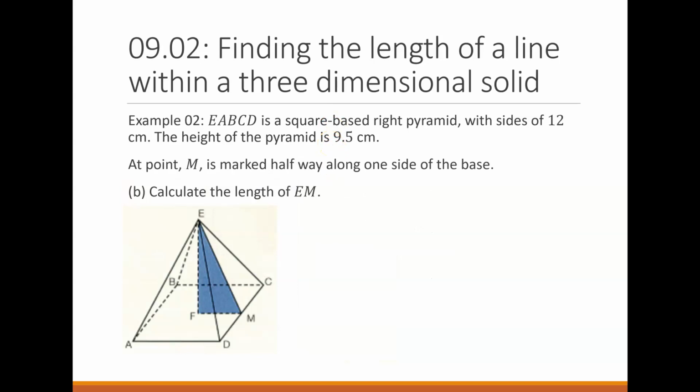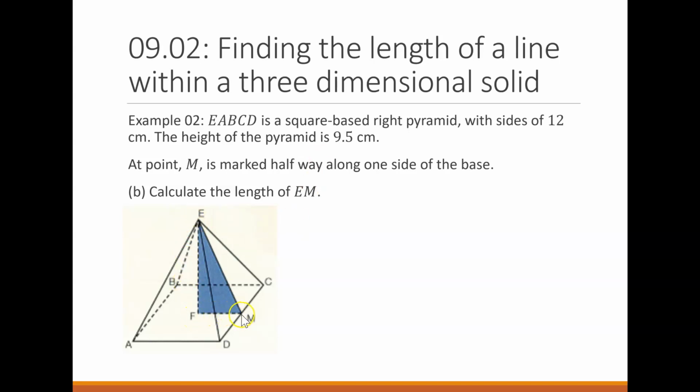Part B asks to calculate the length for EM. So the reference triangle I'm going to use here is EFM. Do I have enough information to solve for EM now directly? I know EF is 9.5.